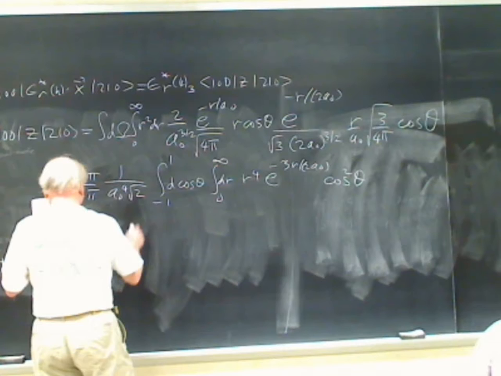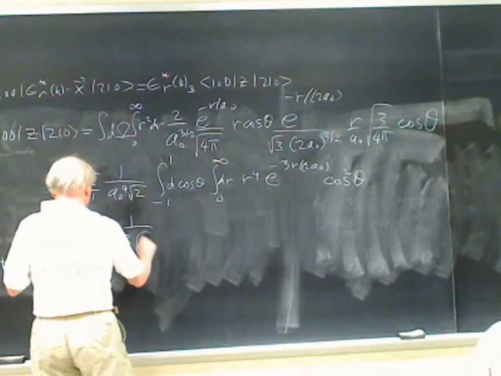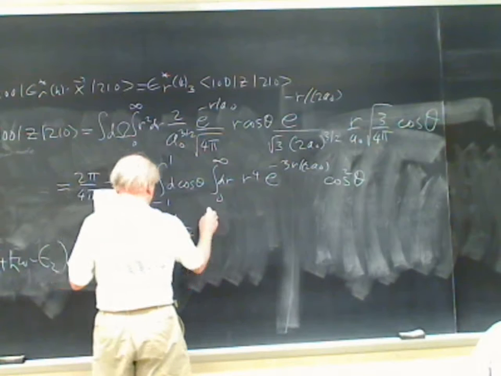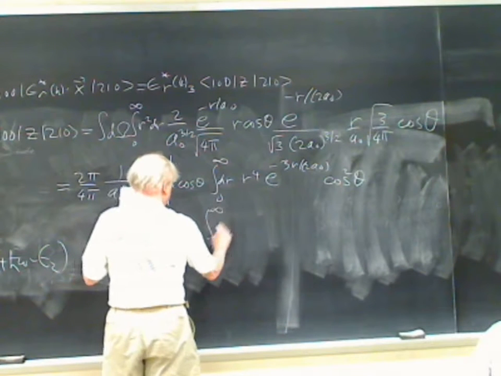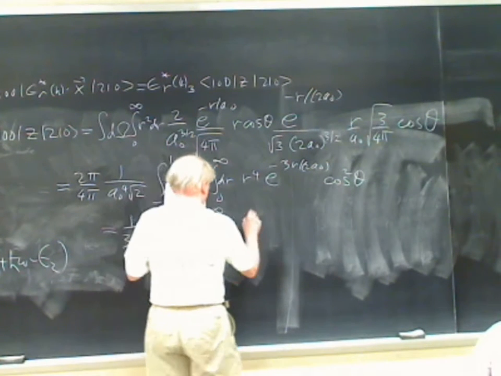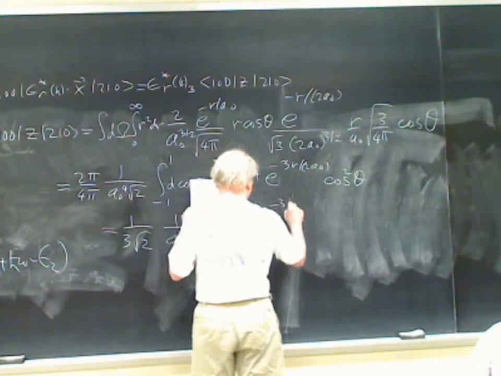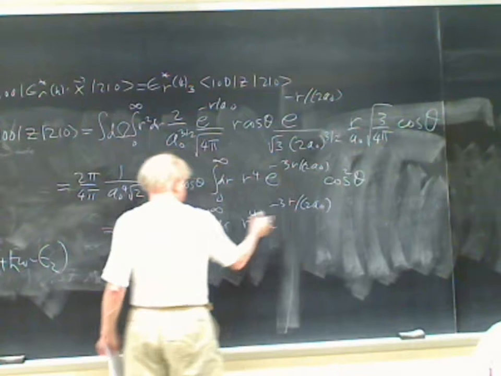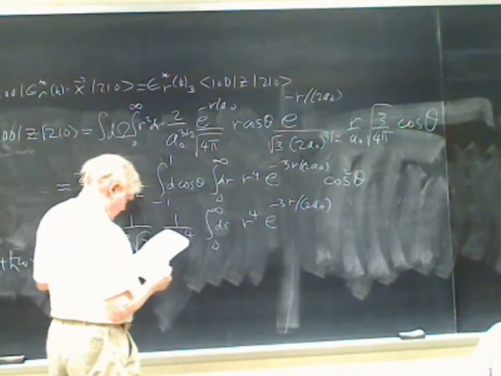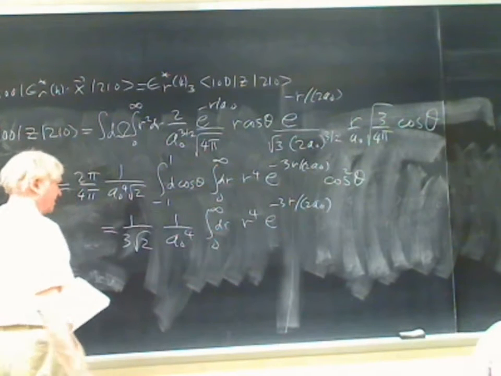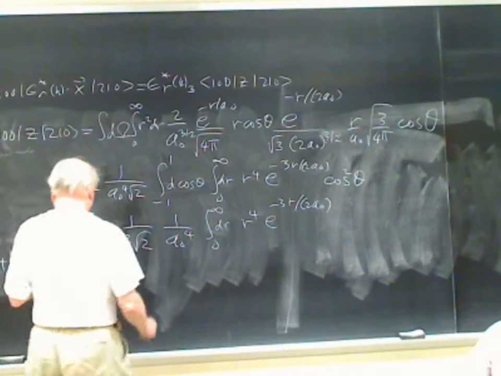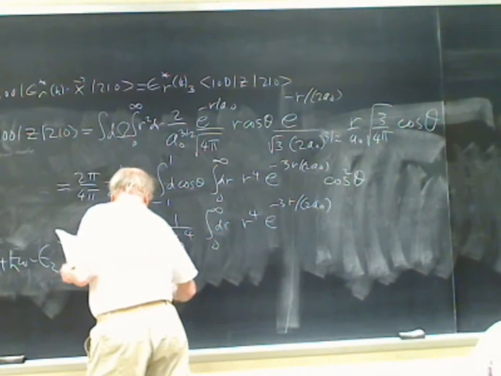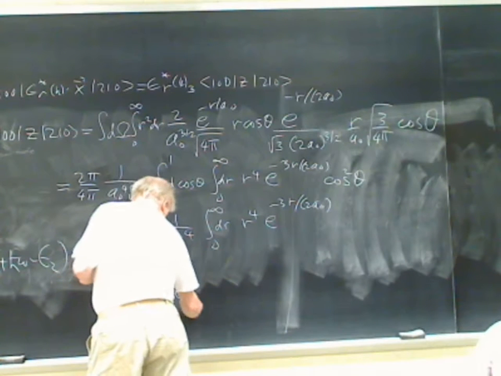If you do the angular integration, you get 1 over 3 root 2, 1 over a0 to the 4, integral 0 to infinity dr r to the 4 e to the minus 3r over 2a0.